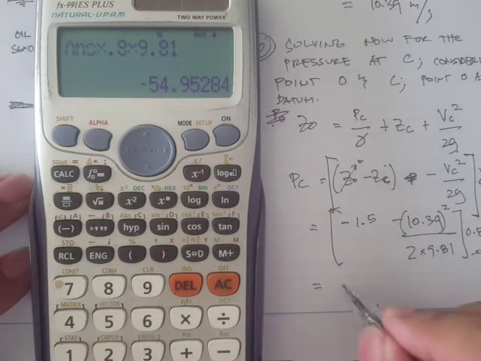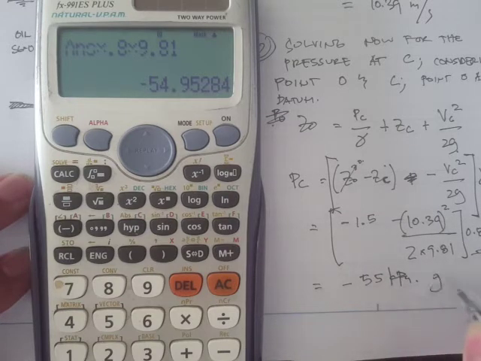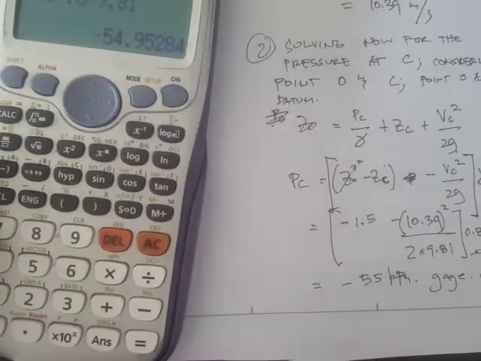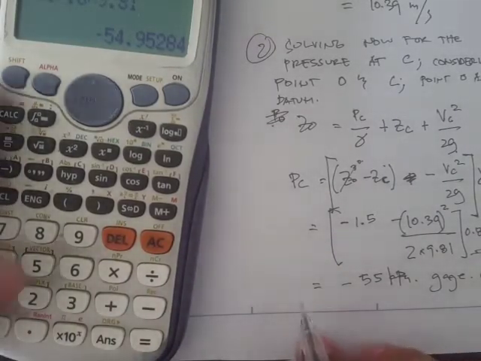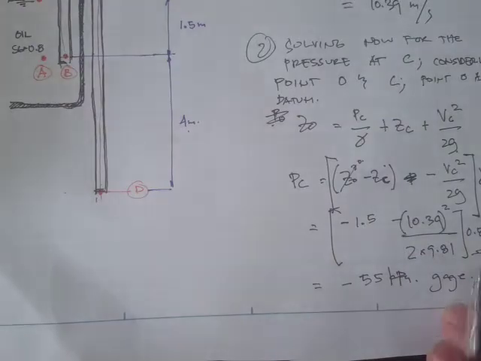So we have a value of, let's say, negative 55 kPa. Take note, this is our gauge pressure. Now you can also convert this in terms of the absolute pressure if you want.